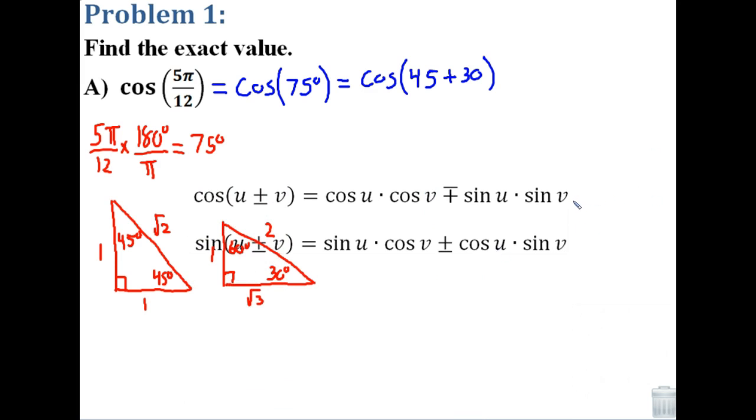Now, I've compacted those four identities into two of them here, and I'm using the cosine one because we have cosine of a plus. So I'm going to rewrite this, using this top identity, as the cosine of the first angle, so cosine 45, times the cosine of the second angle.